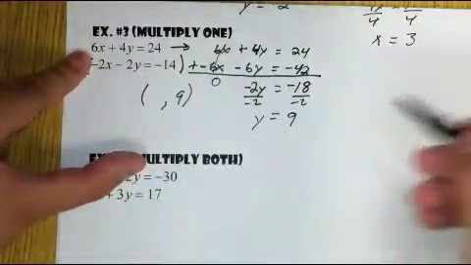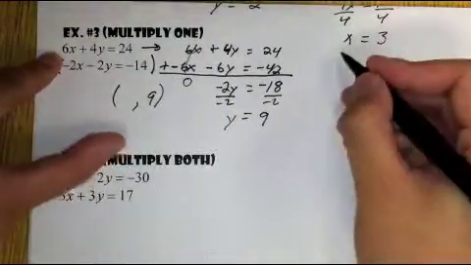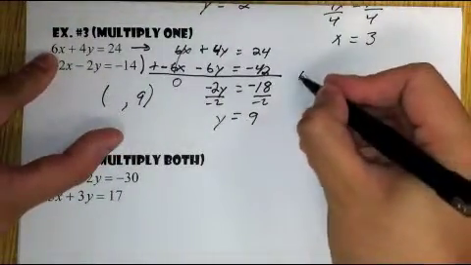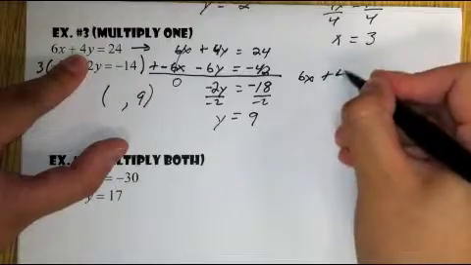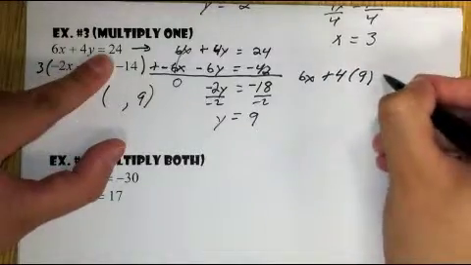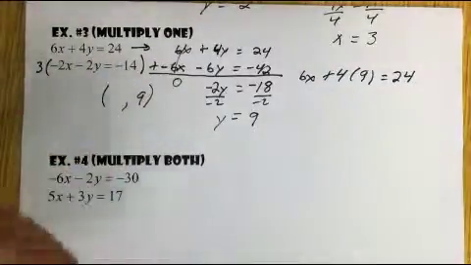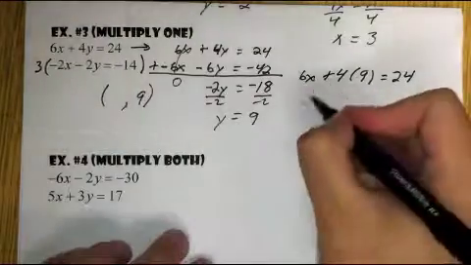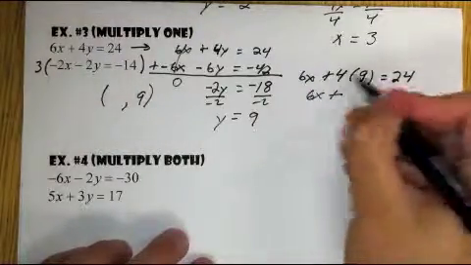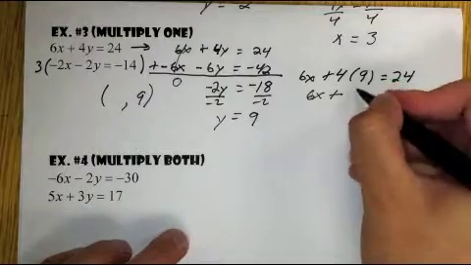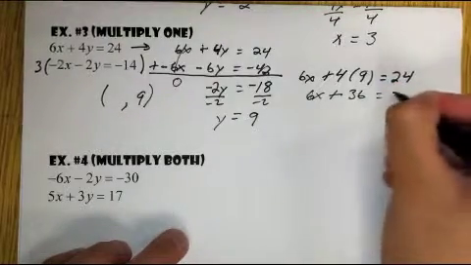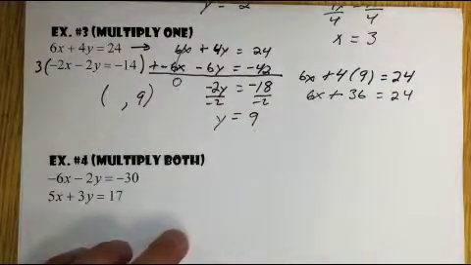So I'm going to use the first equation, plugging in 9 for y. So I have 6x plus 4 times 9 equals 24. 6x plus 4 times 9, I hope we know that it's 36, equals 24.